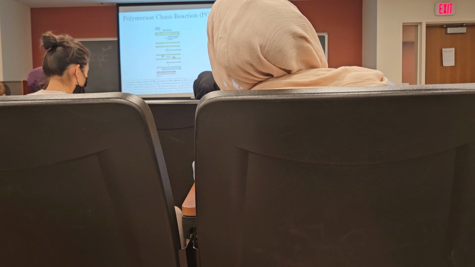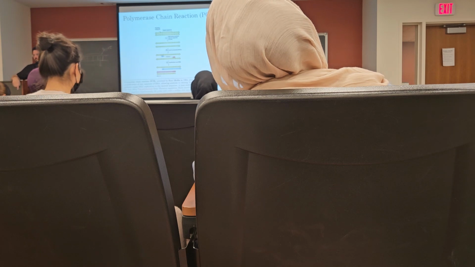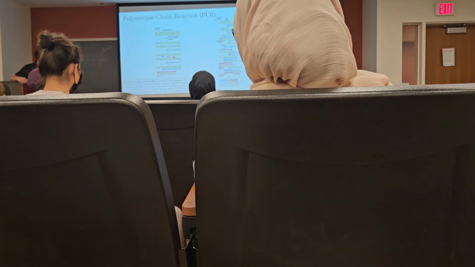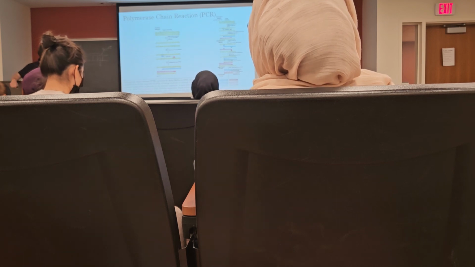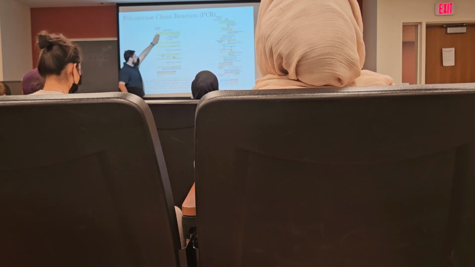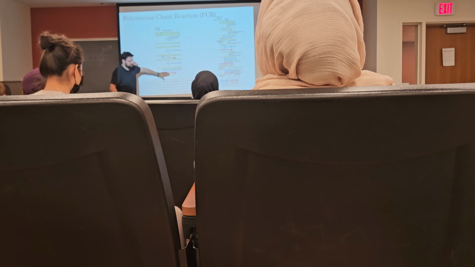So would it be 2 double strands by the end of the 1st generation, and that would mean 4 single strands? 4 single strands, but this is 1 double strand, and this is another double strand. And we started with 1 double strand. So here we have 1 double strand, here we have 1 double strand, 2 double strands.